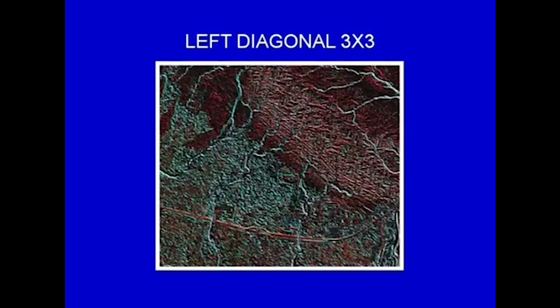Now, we can rotate this Roberts filter by 45 degrees to obtain the left diagonal edges, that is, diagonal edges oriented 45 degrees from the vertical towards the left side, and all the diagonal edges can now be seen in this particular case. What we can find is that very few such left diagonal edges are present.